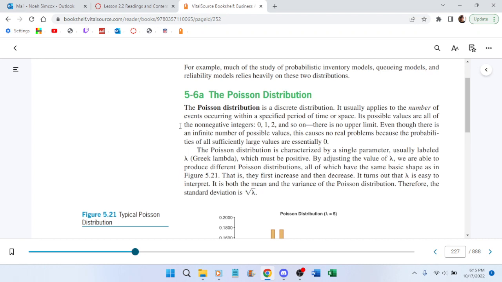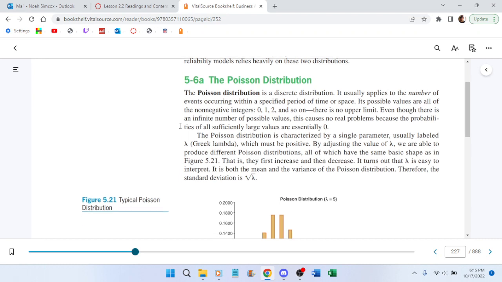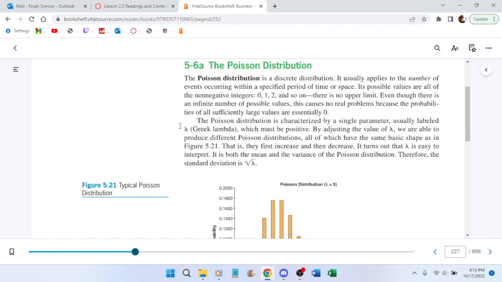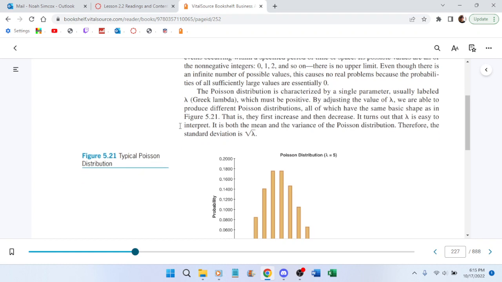Number of events occurring. All of the non-negative integers are the possible values. Lambda is the parameter of a Poisson distribution. Able to produce different distributions. That's the basic shape of a Poisson distribution.